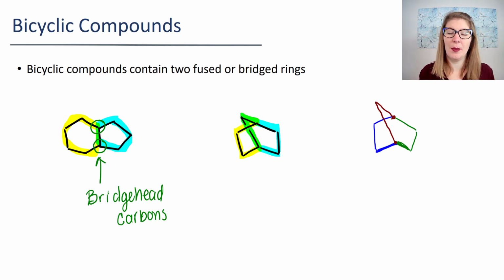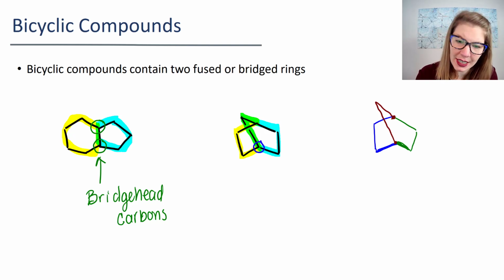This is a bicyclic that has 3 parts to it. So instead of 2 fused rings, this is something that's called bridged because it has that bridge. And again, we're going to have bridgeheads here as well, where all 3 of our bridges have a common carbon is where our bridgeheads are. So there's a bridgehead here and there's a bridgehead here.